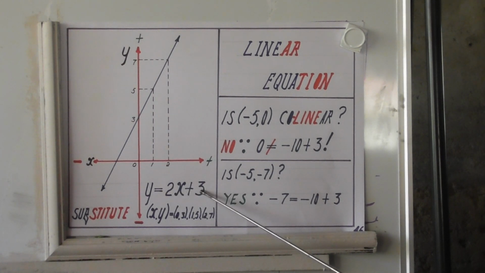How do you start? Well, we have to substitute numbers. Instead of letters, we have to put a number. And you can put any number. These are the coordinates. They coordinate together.